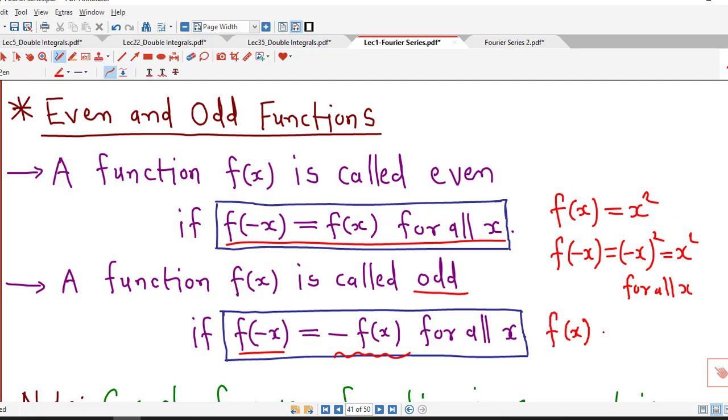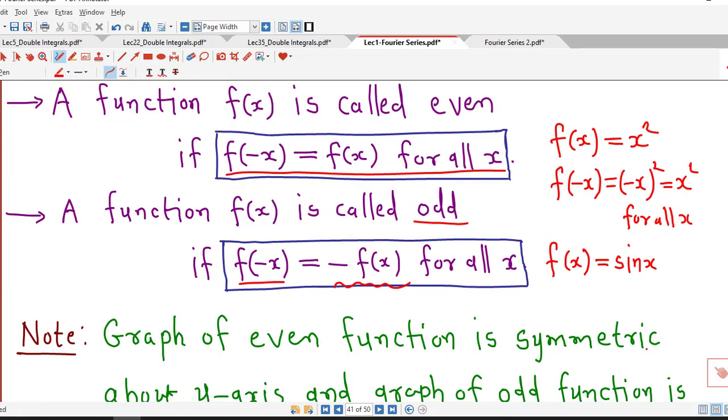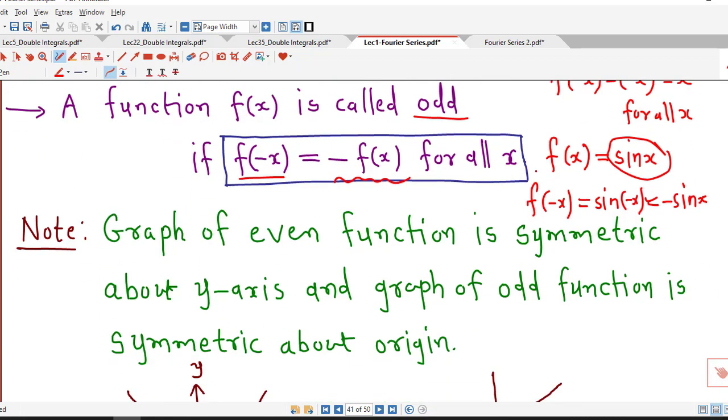Therefore x squared is an even function. Similarly, if we consider f(x) = sin x, then sin(-x) is nothing but -sin x for all x. Therefore sin x is an example of an odd function.